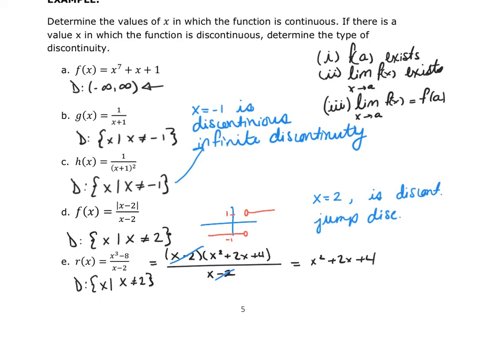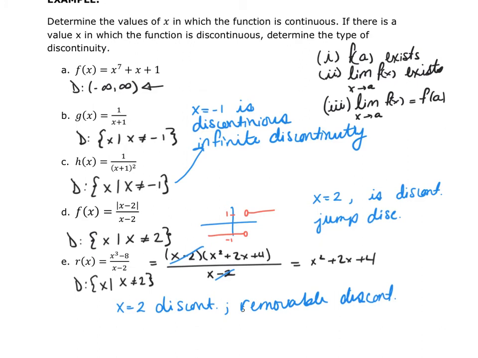Now this is continuous on its domain. The domain is everything but 2. So at x equals 2, we are discontinuous. And the type of discontinuity is a removable. So it is continuous everywhere except at x equals 2, and it is a removable discontinuity.